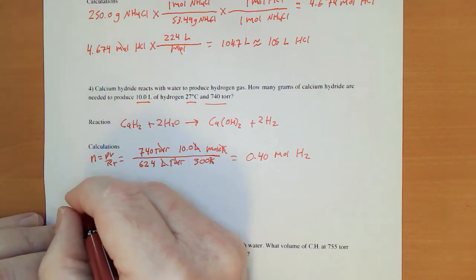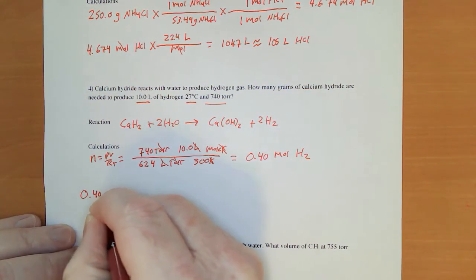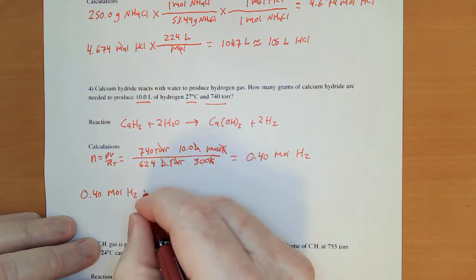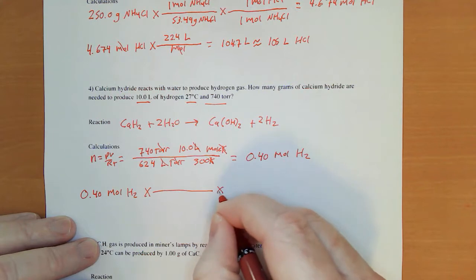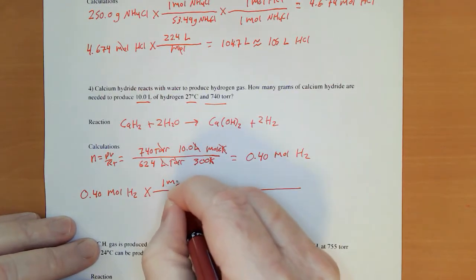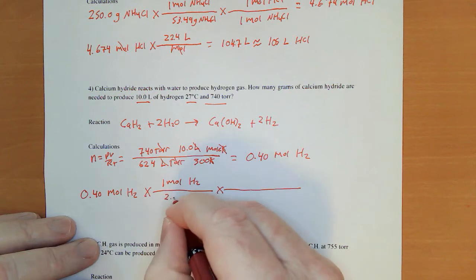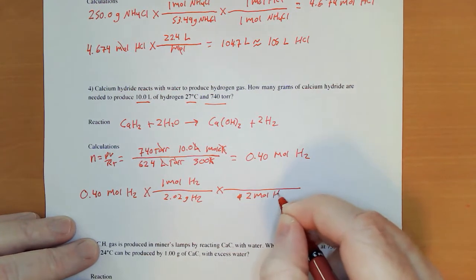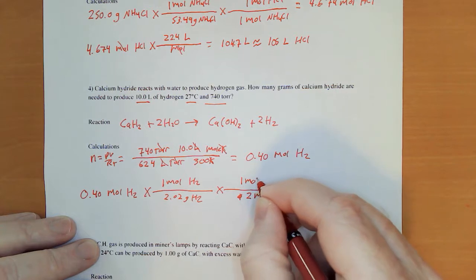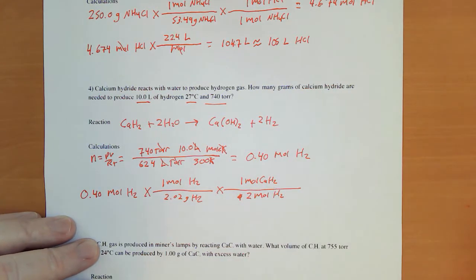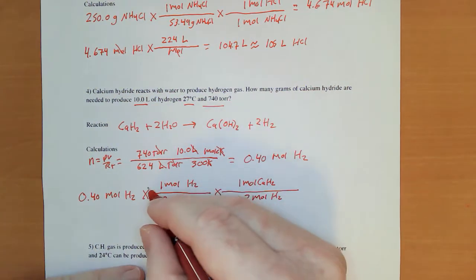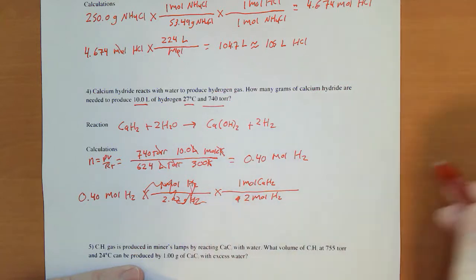Now, my 0.40 moles of H2 can be converted back to grams of calcium hydride. 1 mole of H2 is 2.02 grams of H2. And let's see, nope, actually this is going to be 2 moles of H2 downstairs and 1 mole CaH2 upstairs. And since I'm going all the way, you know what? I don't actually need that step. I'm sorry, folks. Let's just get rid of that one.